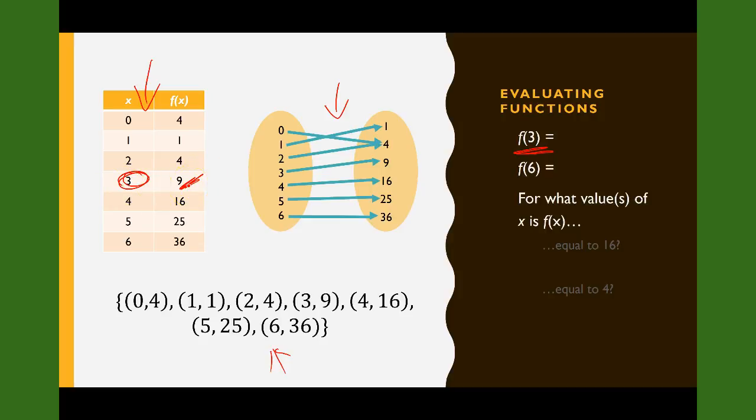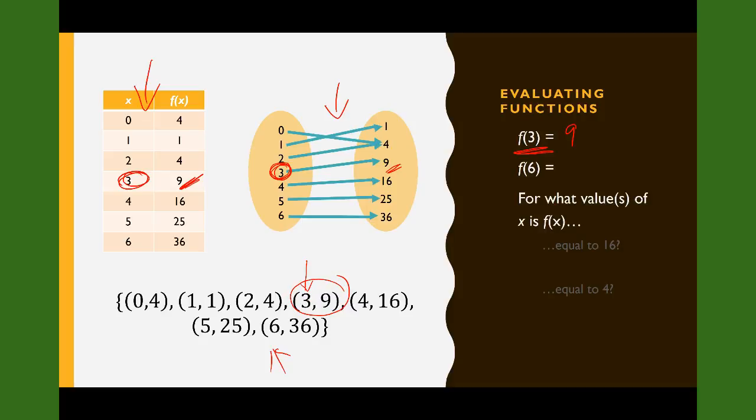As you can see here, it's 9. And we can double check that with the other representations. In the mapping, if I put in 3, you see that you get 9. And in the ordered pairs, remember the first number is the input, the second one is the output. So if you put in 3, you're going to get 9 out.